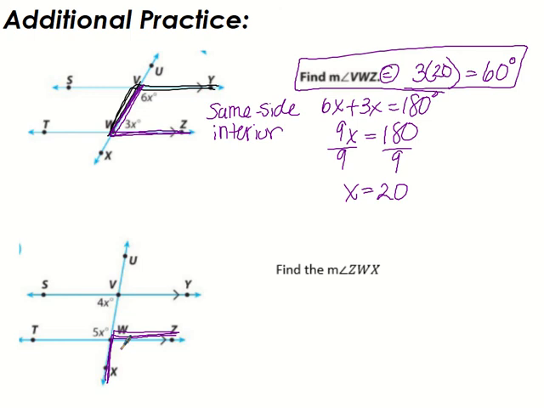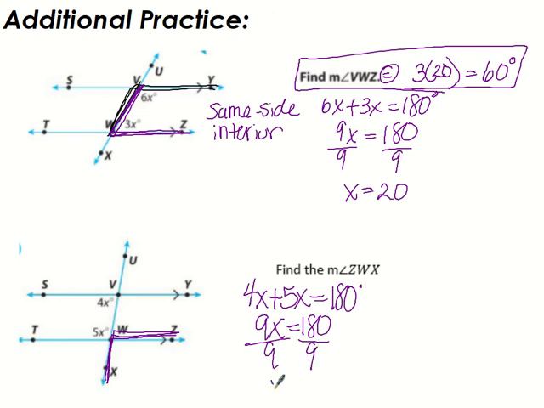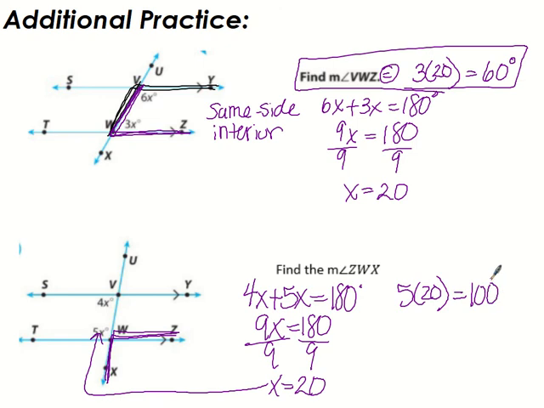So, actually I'll just do this one. So it's going to be 4x plus 5x equals 180 because these are same side interior. So I get 9x again, divide by 9, and we get x equals 20. Now if I take this and plug it in here, we get 5 times 20 equals 100.